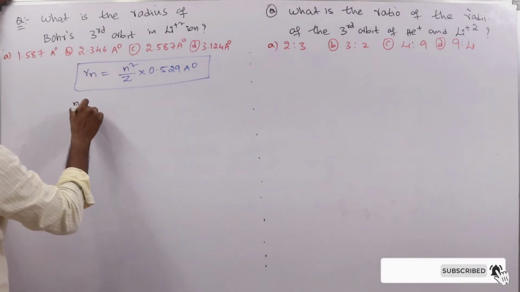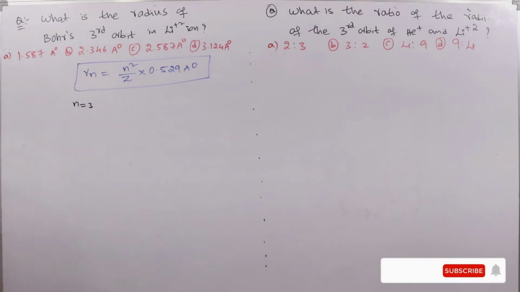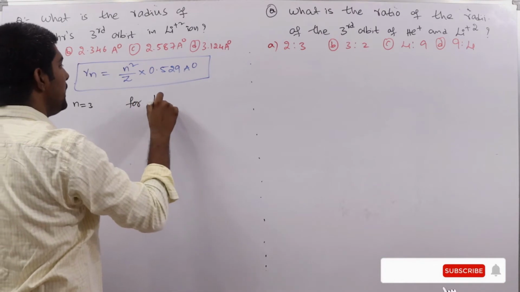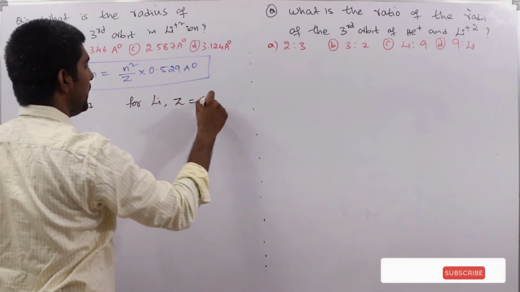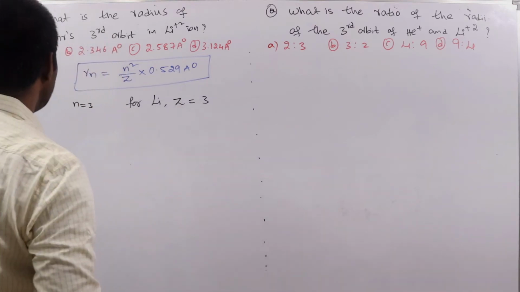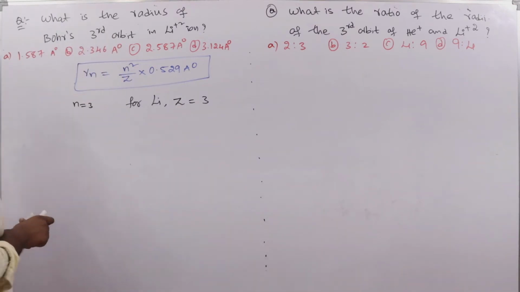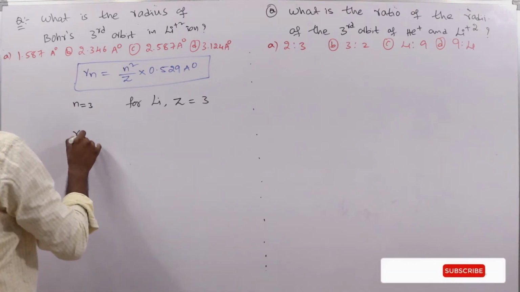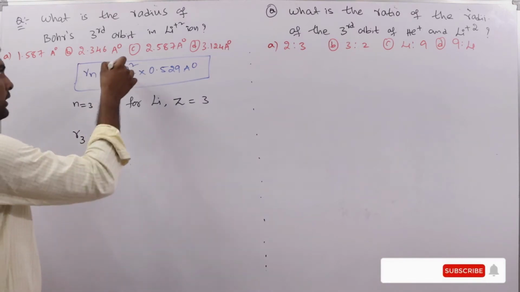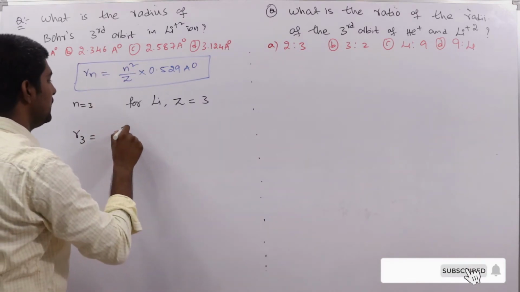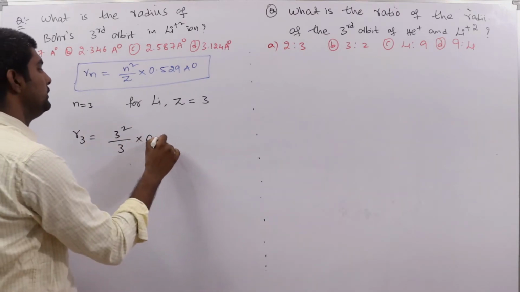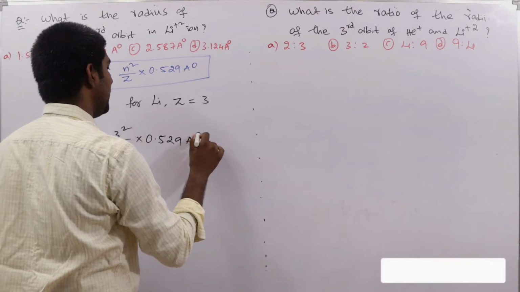So here, the radius of Bohr's third orbit means n is equal to 3. It is given that n equals 3. And for lithium, atomic number z is equal to how much? 3. Hydrogen, helium, lithium, so z equals 3. If you substitute in this formula, we get R3 for the third orbit: n square, that is 3 square, by z, which is 3, into 0.529 angstrom.